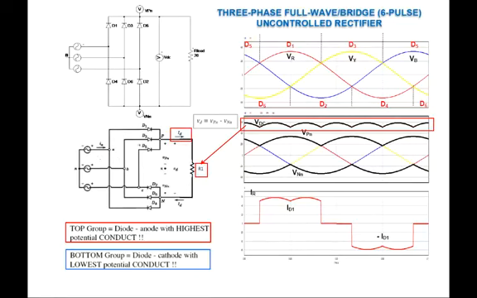So whenever D1 is on, the current ID will flow through ID1. Okay, then it will choose where to go, right? That's why you have an ID1 here. It's on. If you refer to IR, IR is a combination of the current through ID1 and also the current through ID4, isn't it?